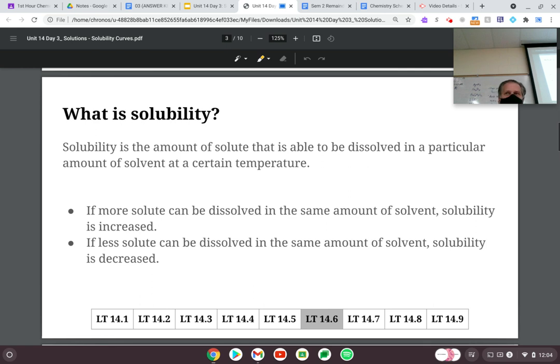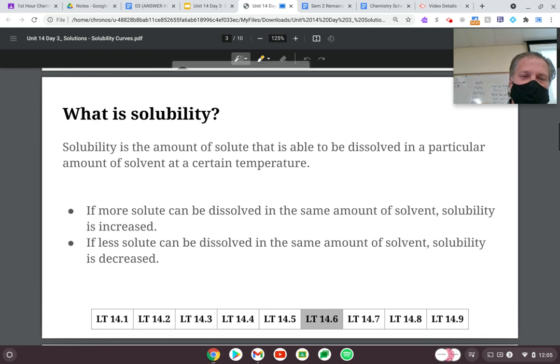And there is a limit to how soluble a substance can be, based on a couple of factors. One of them is that the amount of solvent present really dictates the amount of solute you can put inside of it. If more solute can be dissolved in the same amount of solvent, then the solubility is said to be increased.